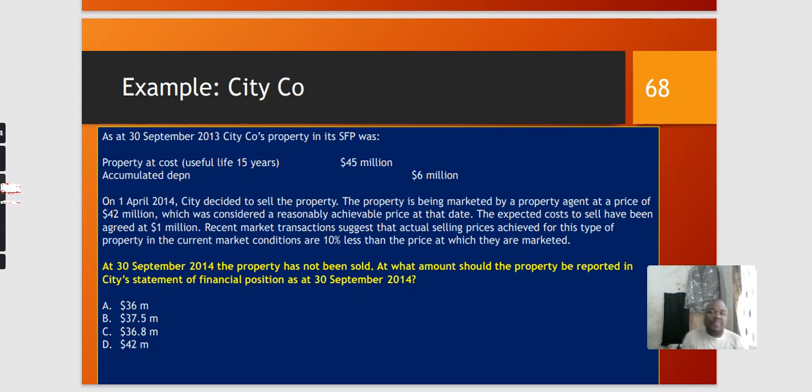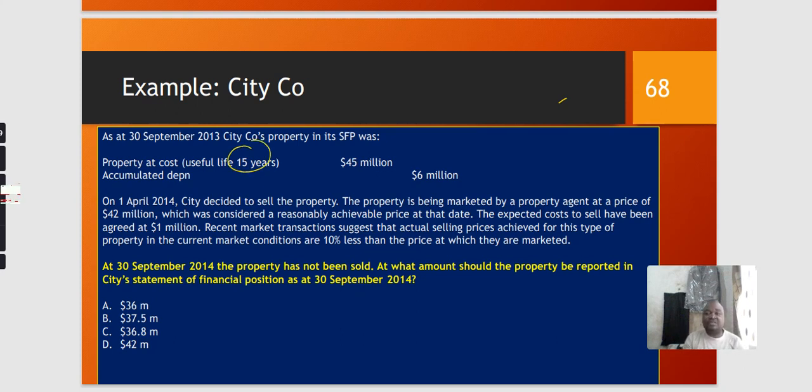Okay, as of 30 September 2013, Citco's property in its statement of financial position was property at cost, useful life 15 years. The examiner is trying to show you that you need to take note that the useful life of this particular property is 15 years.